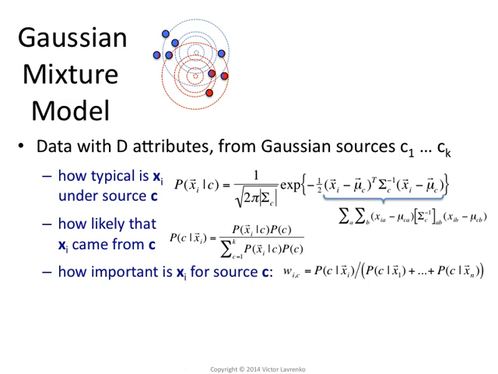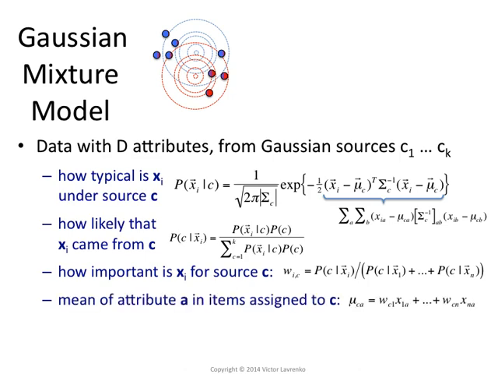And then I'm just going to use these weights to recompute the means and the variances of the two Gaussians. So the mean for Gaussian c, I'm going to compute individually for each attribute a.